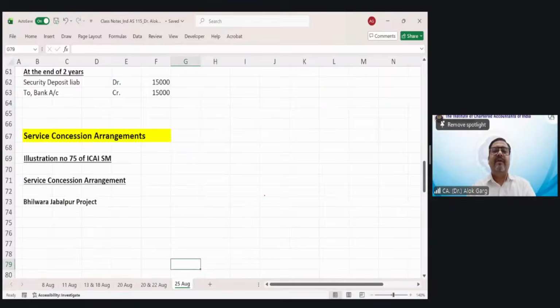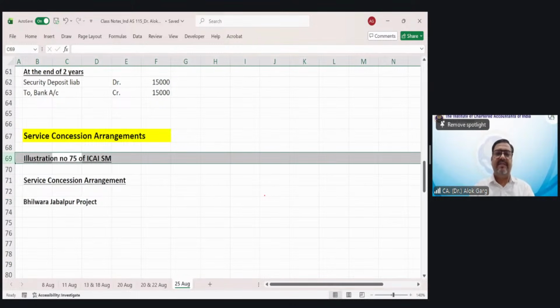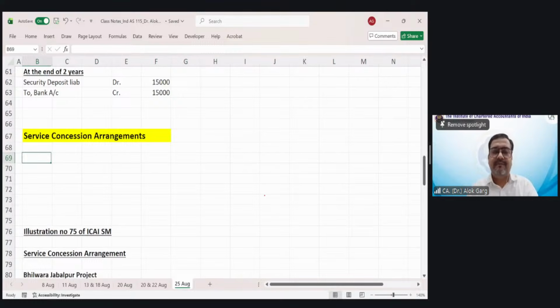So friends, in the service concession arrangement, there is a government entity, which is known as the grantor.